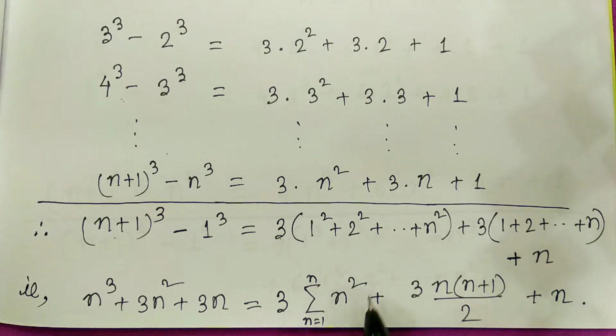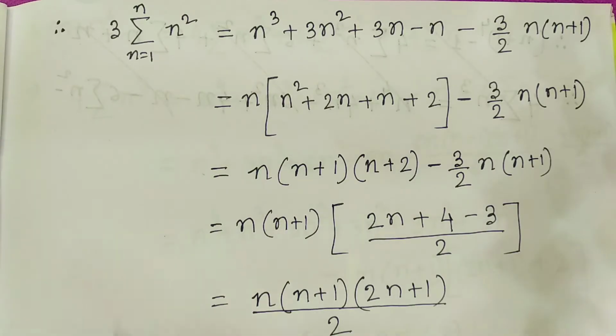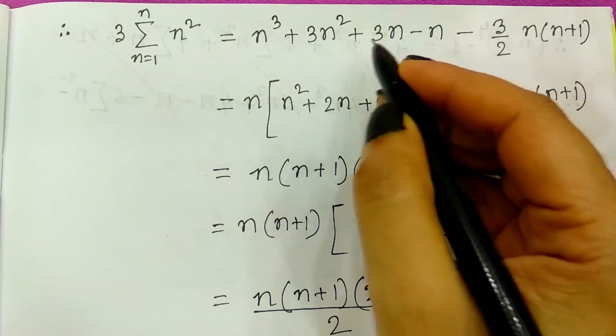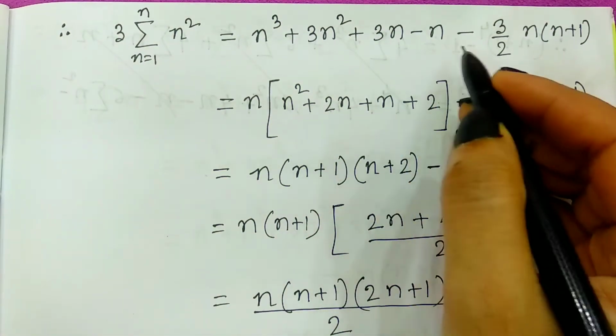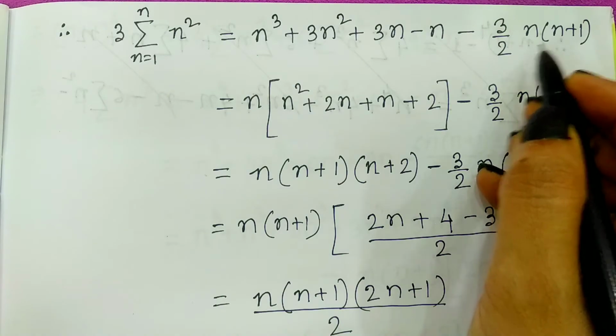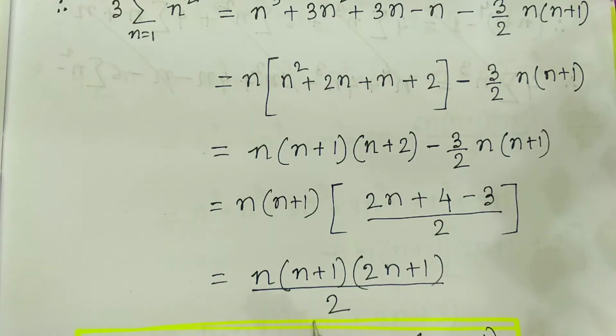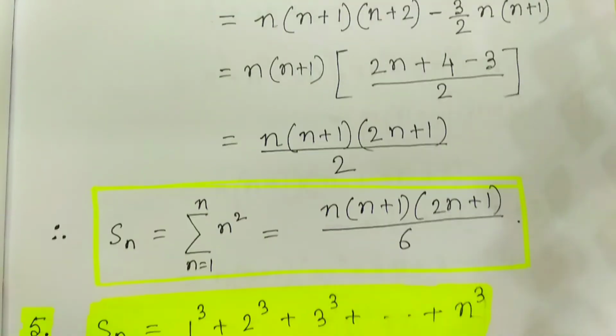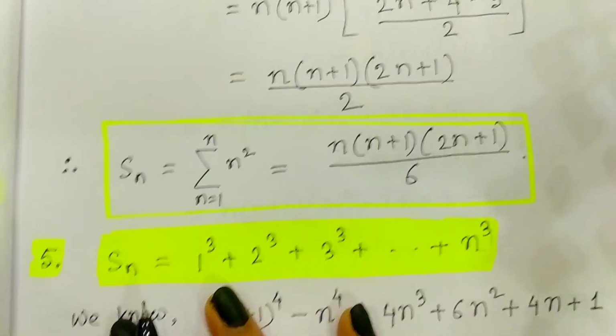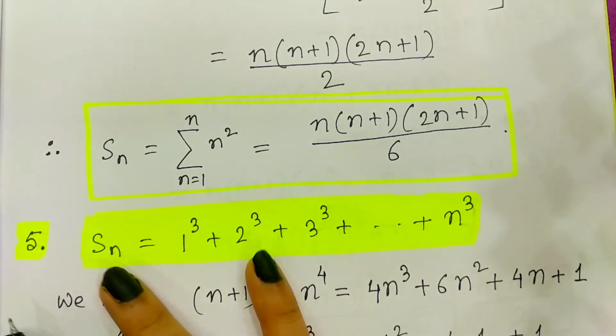Now we keep this on one side and all the other terms on the other side, and simplify. It is n cube plus 3n square plus 3n minus n minus 3 by 2 n into (n+1). If we simplify, finally we find it is n into (n+1) into (2n+1) divided by 2.